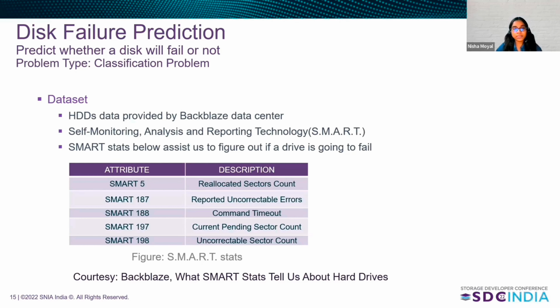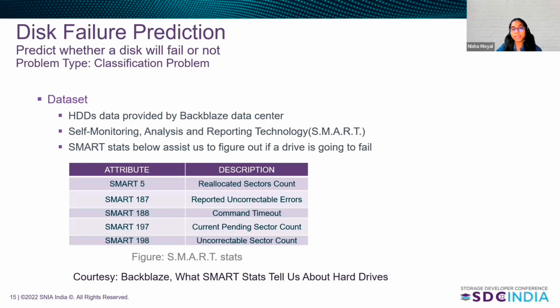For our trials for disk failure prediction, we are using community data provided by Backblaze Data Center, where we have Self-Monitoring, Analysis, and Reporting Technology statistics. These are also called SMART stats, and these are collected during normal operation of the disk.